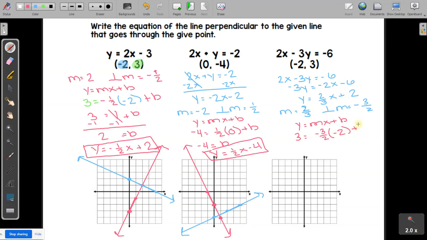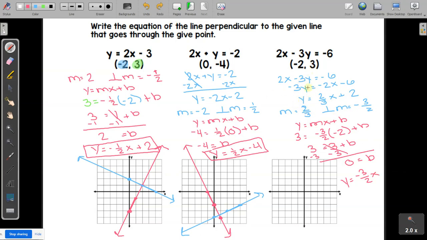And we're going to solve for our b. So negative 3/2 times negative 2 gives us a positive 3. Bring down everything else as is. We're going to subtract 3 from both sides. So we're going to get b to equal 0. So we have our new equation. It's going to be y equals our new slope of -3/2 x plus 0, but we don't need to put plus 0.